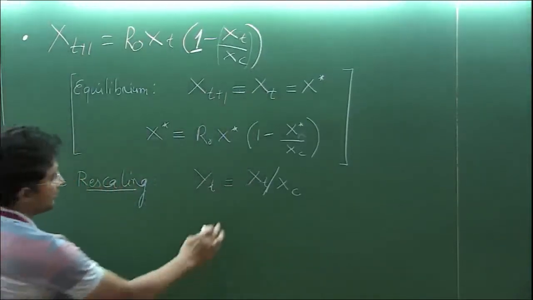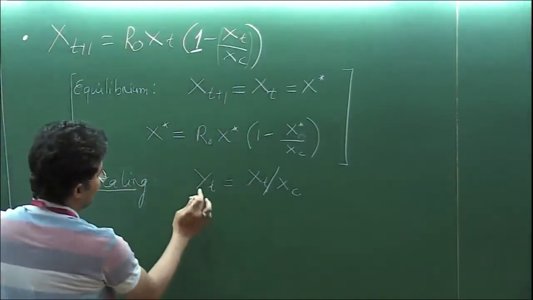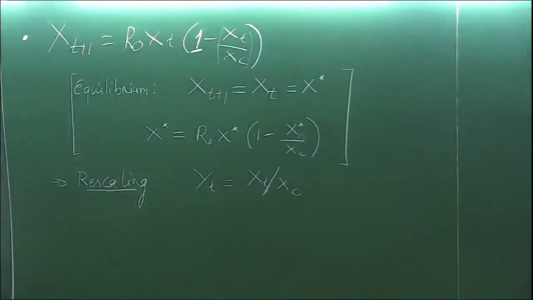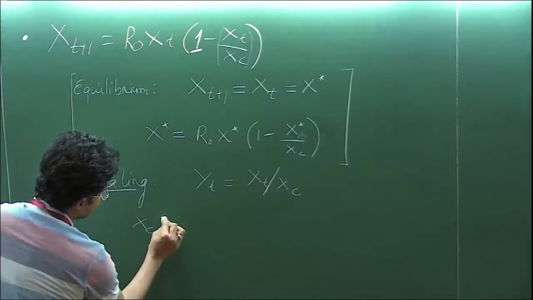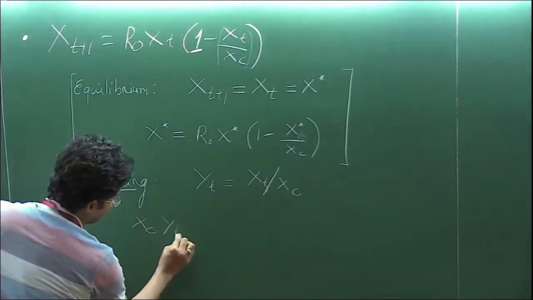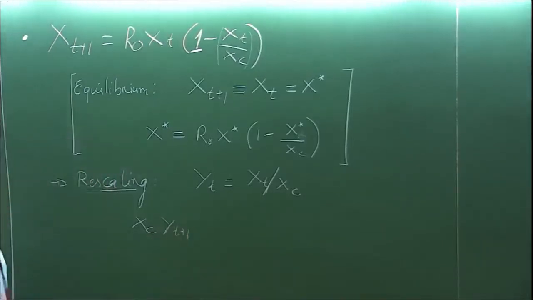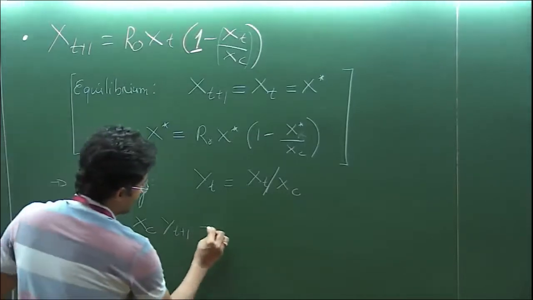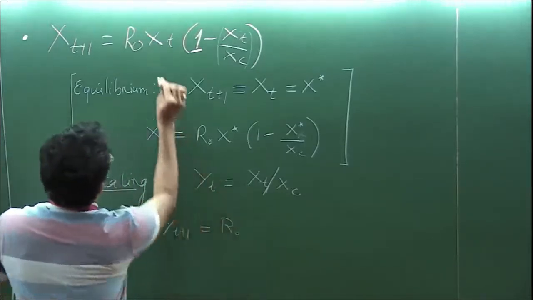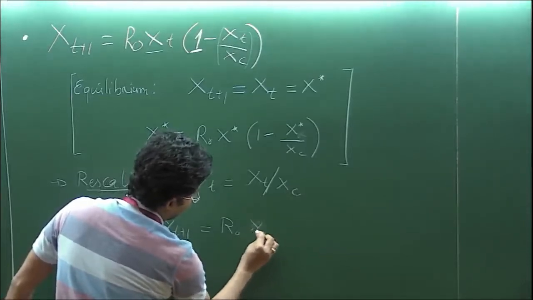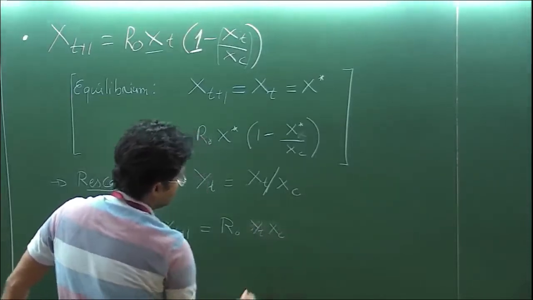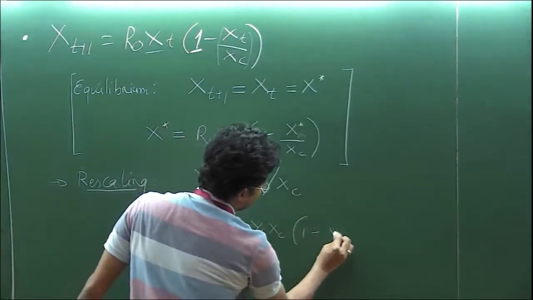How do we do that? Just wherever you find xt, replace it by yt times xc. So if you do that, the left hand side becomes xc times yt plus 1. Is that right? The right hand side becomes again yt times xc, and then you have 1 minus yt.